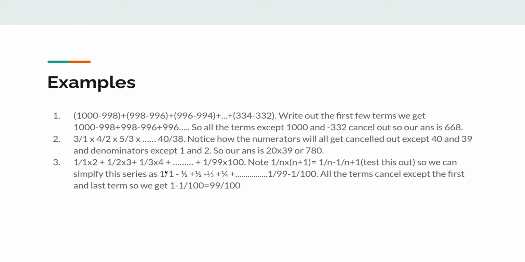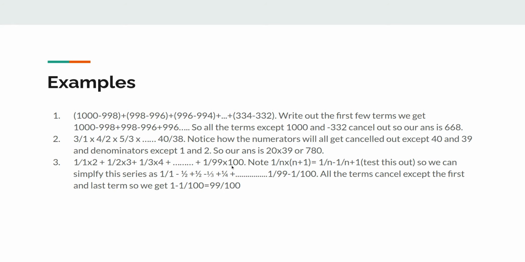Okay, this is one of the harder type ones, but if you just know the technique, it becomes easy. So it says find 1 over 1 times 2 plus 1 over 2 times 3 plus 1 over 3 times 4 plus all the way to 1 over 99 times 100. What you can do is generalize what 1 over n times n plus 1 is equal to.